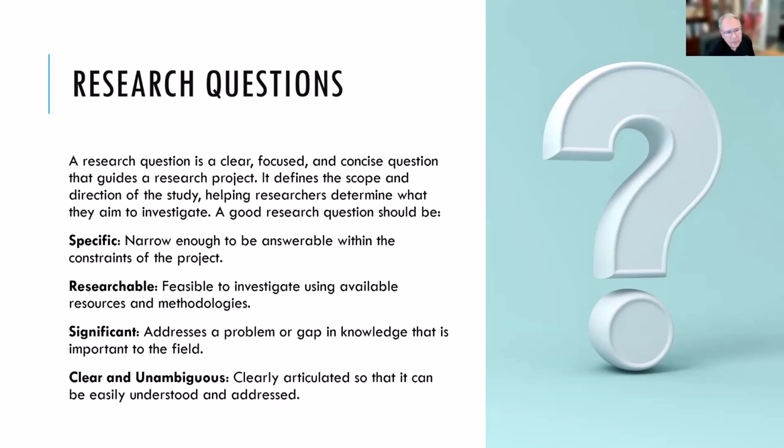So a research question needs to be clear, focused, and concise, and it really guides the direction of the research. It defines the scope and direction of the study, and it helps you determine how you're going to investigate. So a good research question should be specific, researchable, significant, and clear and unambiguous.